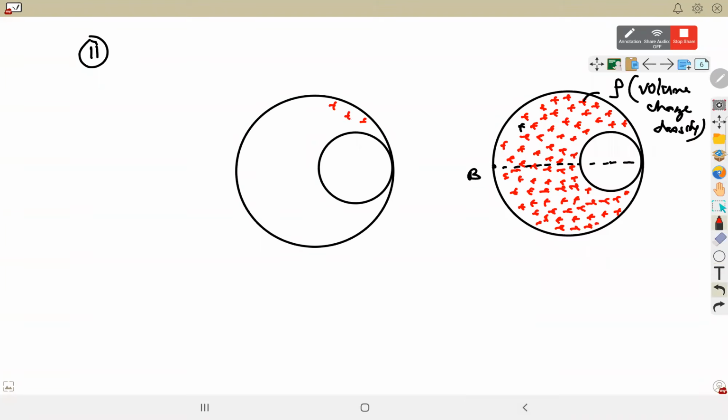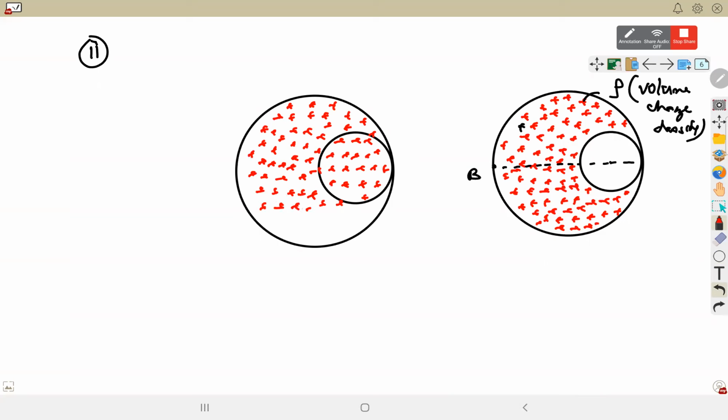So if we assume that the whole charge in this bigger solid sphere is Q1, and we calculate electric field due to that at point B, and then electric field inside this cavity, the negative charge. कैविटी वाले क्वेश्चन सॉल्व करने के लिए पहले हम पूरे में पॉजिटिव चार्ज अज्यूम कर लेते हैं, फिर जितना पोर्शन रिमूव किया वहां पे नेगेटिव चार्ज, और दोनों का सुपरपोजिशन करके we can calculate the total charge.